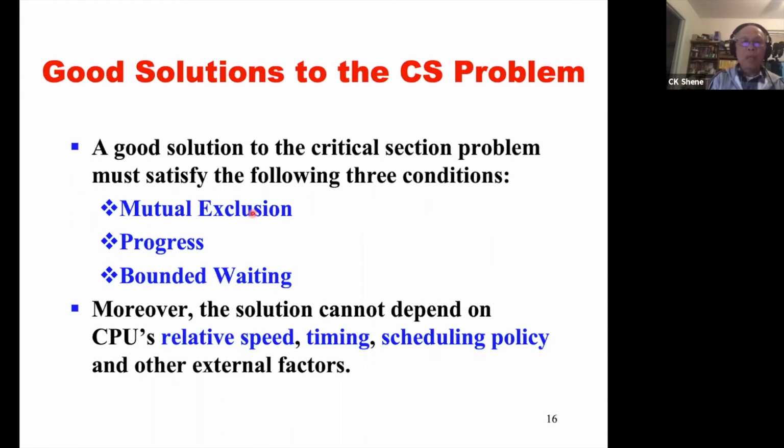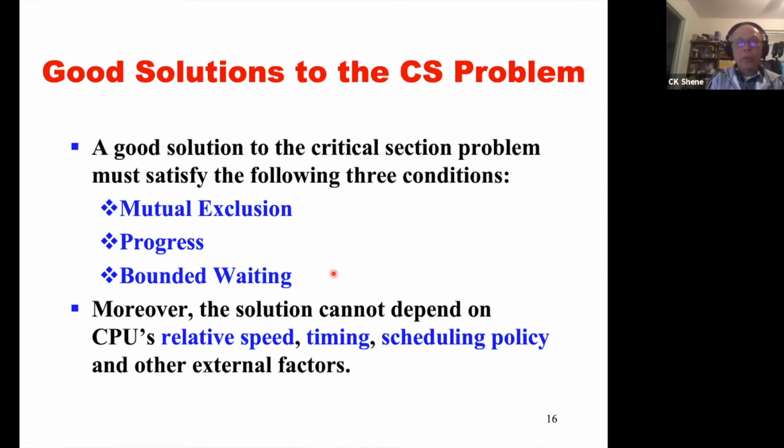They may not satisfy progress and bounded waiting. You need some extra work to make these two work. But in this unit and the next unit, we focus on the theoretical aspect, so we have to make sure all three conditions are satisfied.